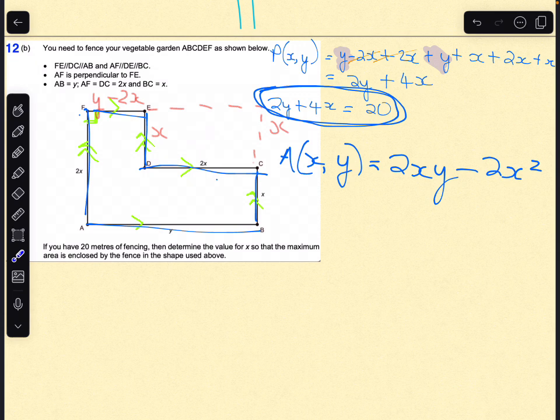I think that's a fair thing to say, right? Because the area of the vegetable garden is the area of this big rectangle minus this. So if we can just minimize the area of this guy, isn't it fair to think that that is the smallest?